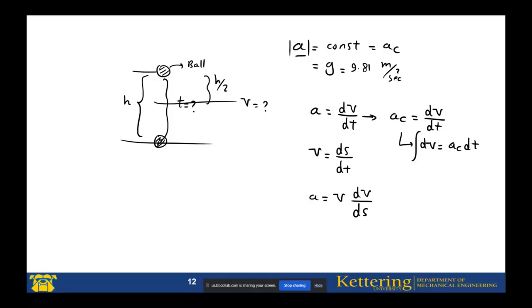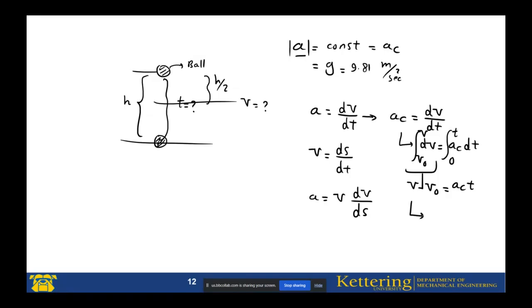If I take the integral on both sides of this equation, at time 0 it is v0, the initial velocity, and at time t it is v. The left-hand side will be v minus v0. The right-hand side, if we calculate, is AC t.